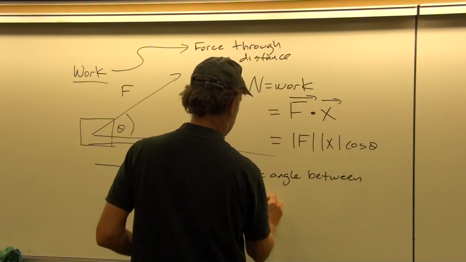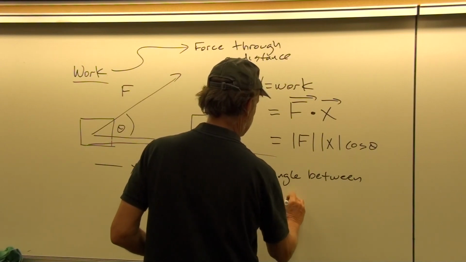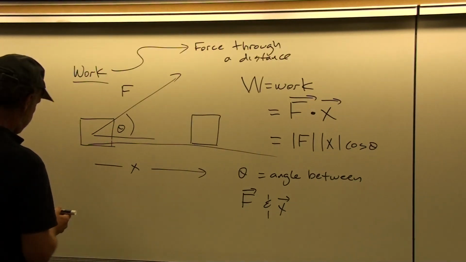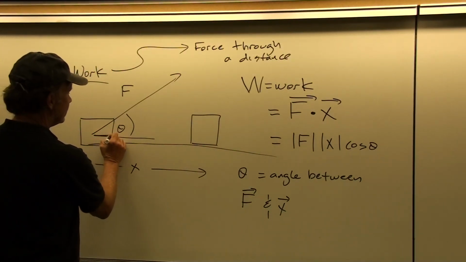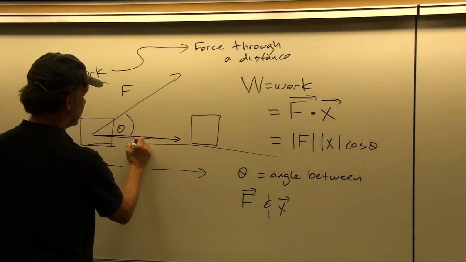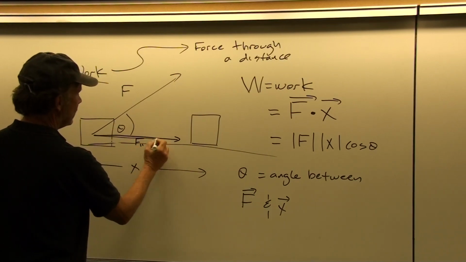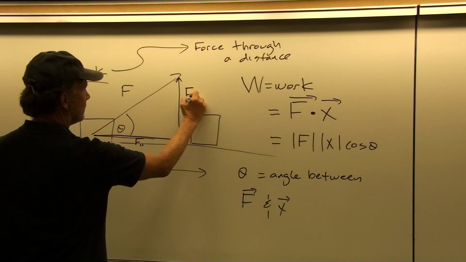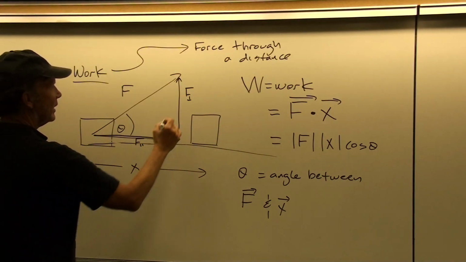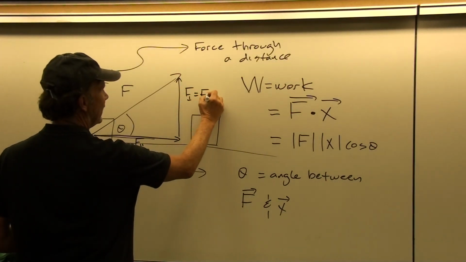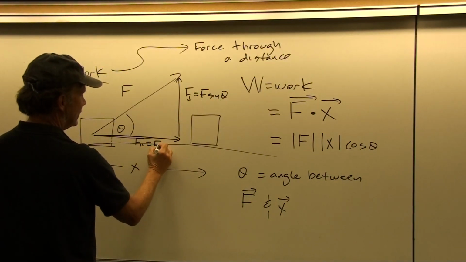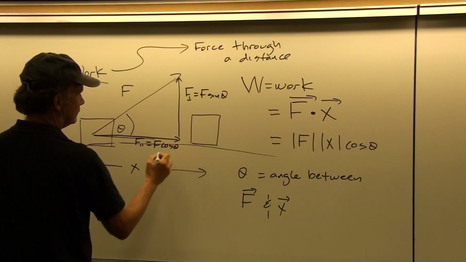So let's say theta equals the angle between F and X. Really what we're looking at, if you decompose the force vector into horizontal and vertical components, is a parallel component and a perpendicular component. The perpendicular component is equal to F sine theta, and the parallel component is F cosine theta.